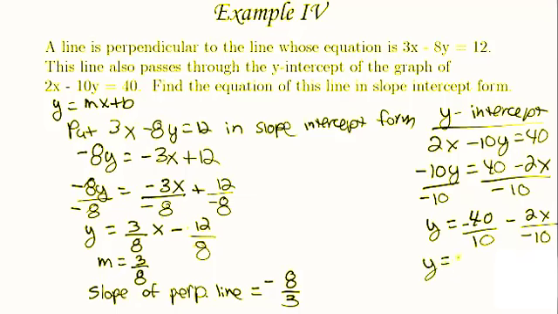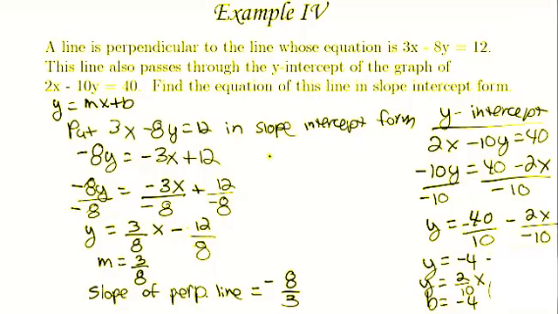Therefore, y is going to equal negative 4 plus 2x over 10. Okay, so rearranging this so it's in slope-intercept form, y equals 2/10 x minus 4. Now I can look at it and easily see that negative 4 is the y-intercept of this line.